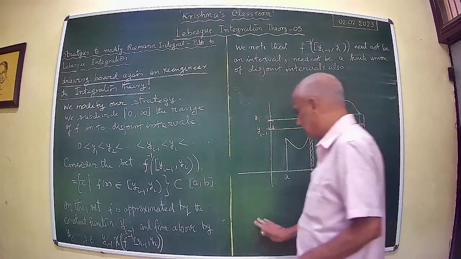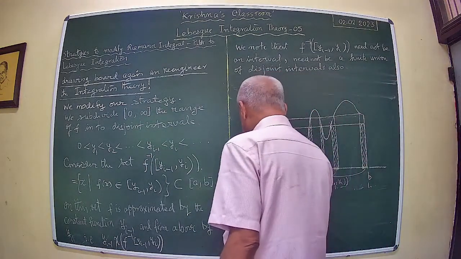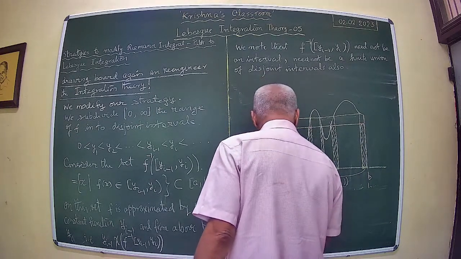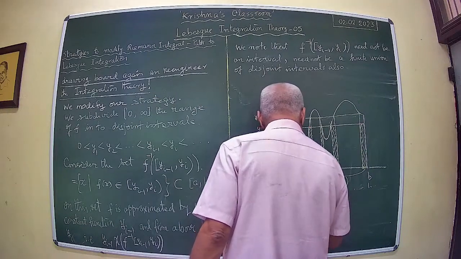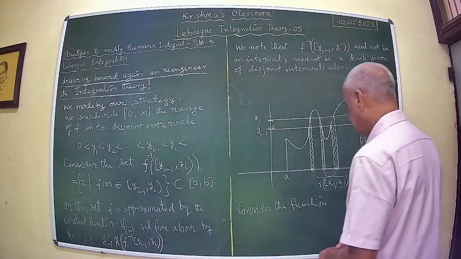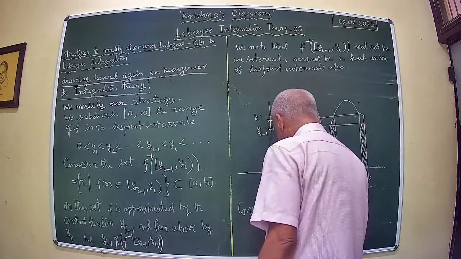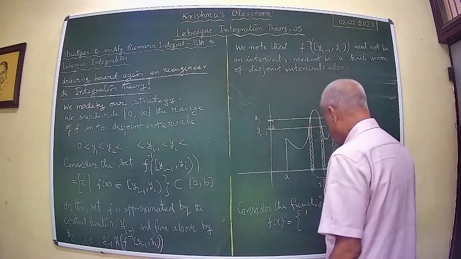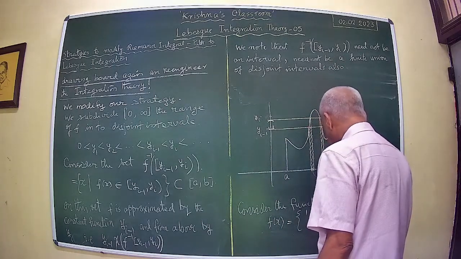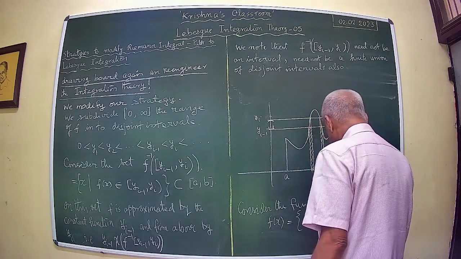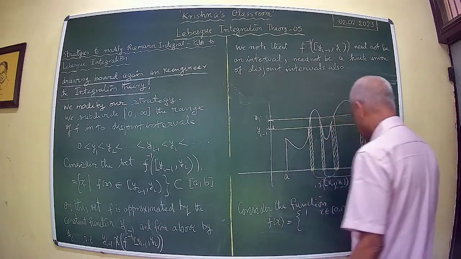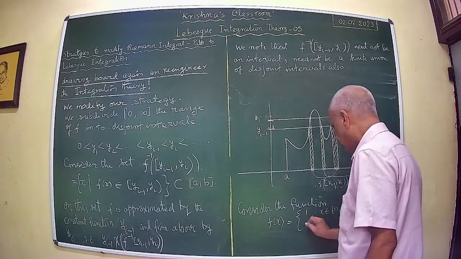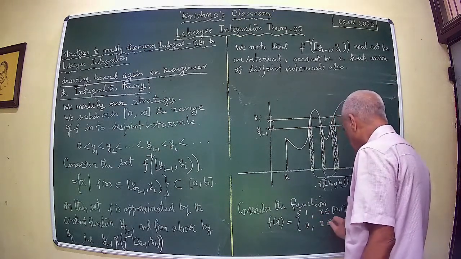Or let us go to this function. So consider the function f(x) equal to 1 for all x belonging to [0,1] intersection the rationals, and 0 otherwise.